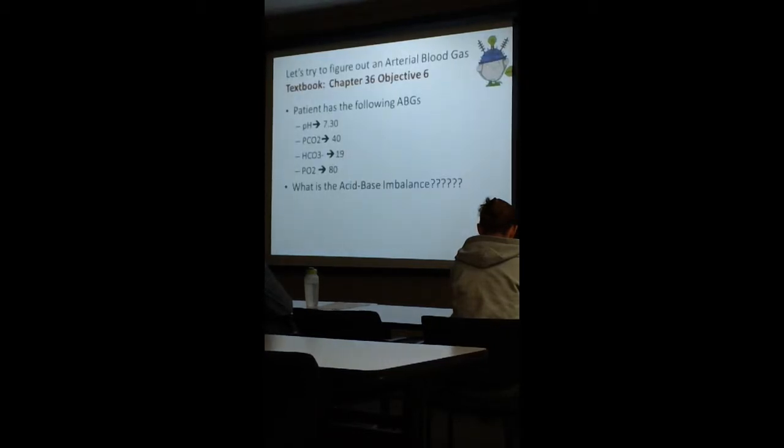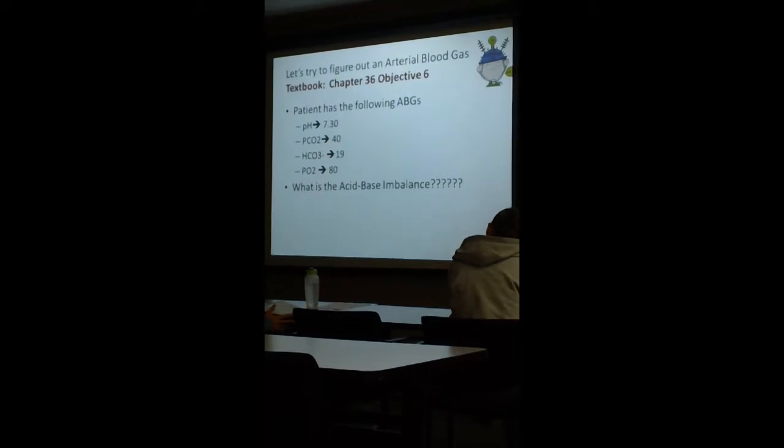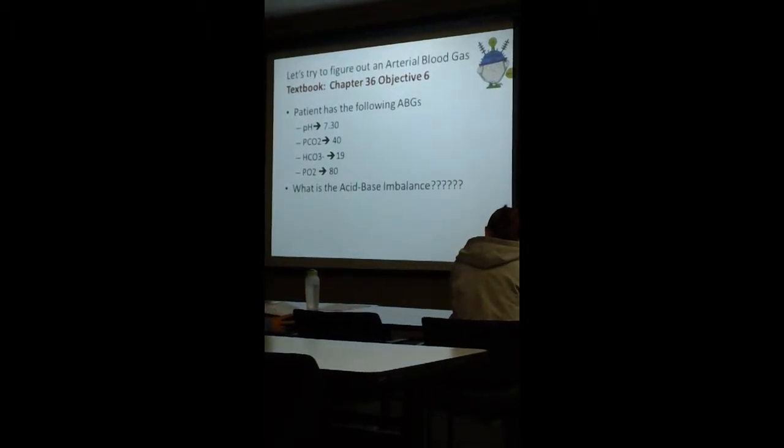Okay, so let's have some fun here. The patient has the following ABG: the pH is 7.3. Is that acidosis or alkaline? Acidosis. The PCO2 is 40. What is that? Is it within normal range, right?